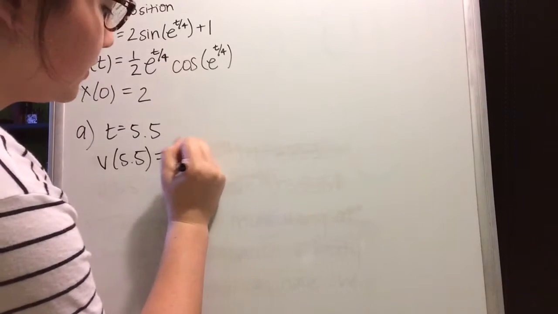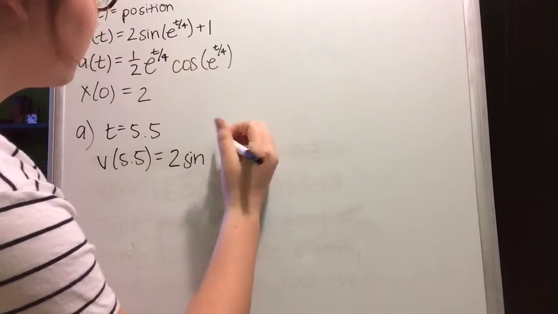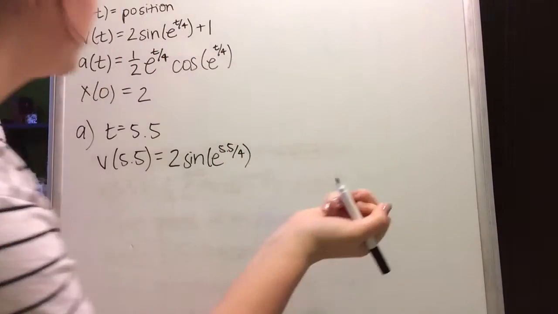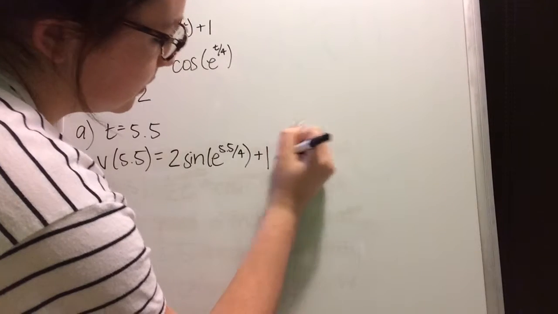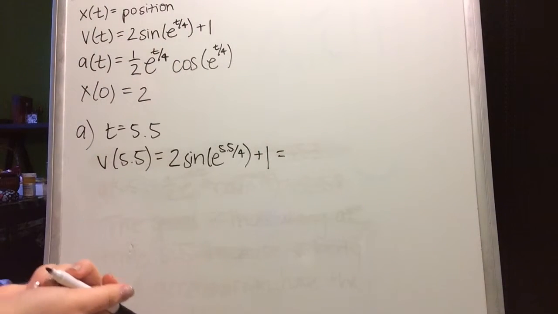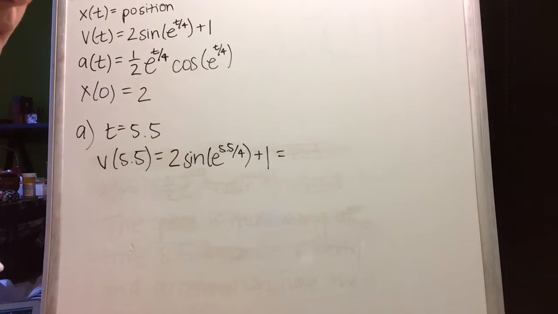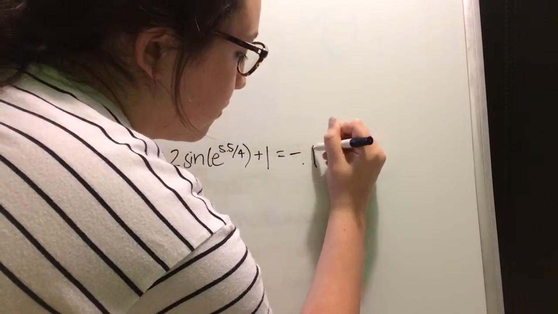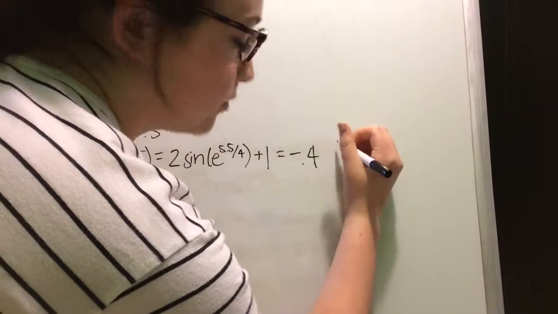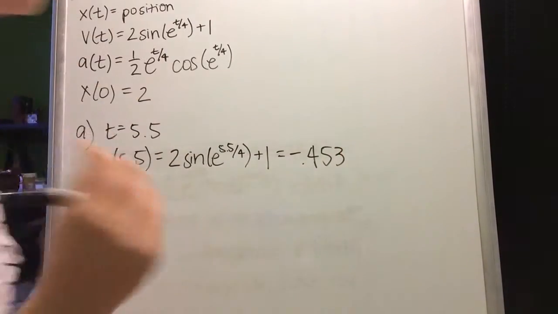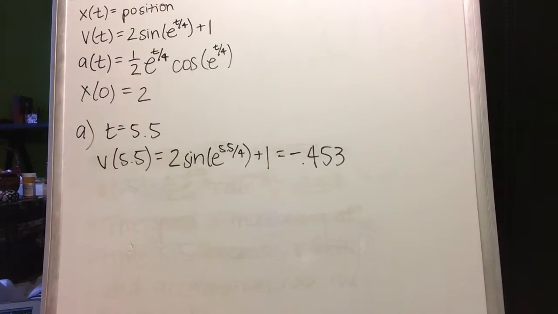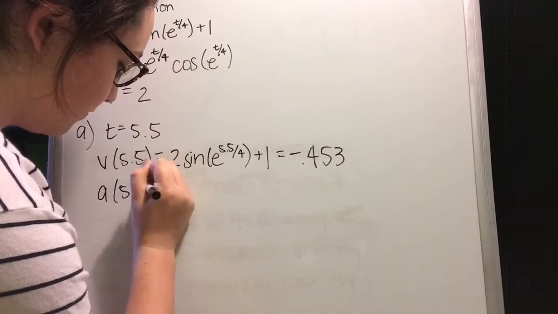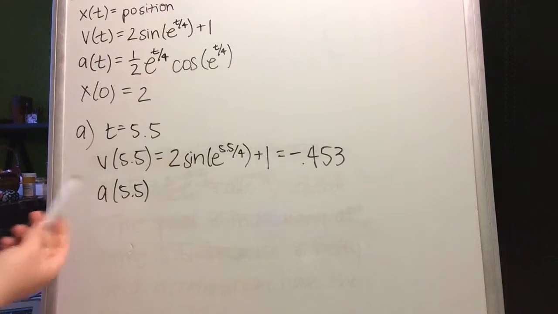So you're just going to simply plug it in and write in 5.5 for t. And then using your calculator, you're going to find that the answer is negative 0.4353. That's truncated.